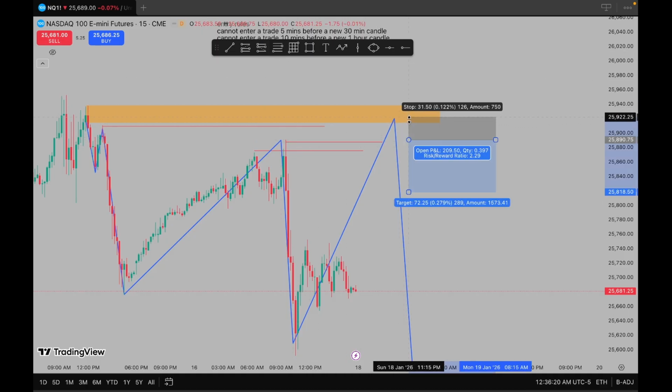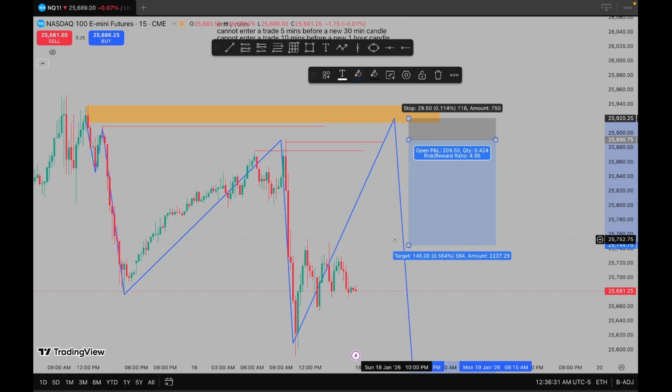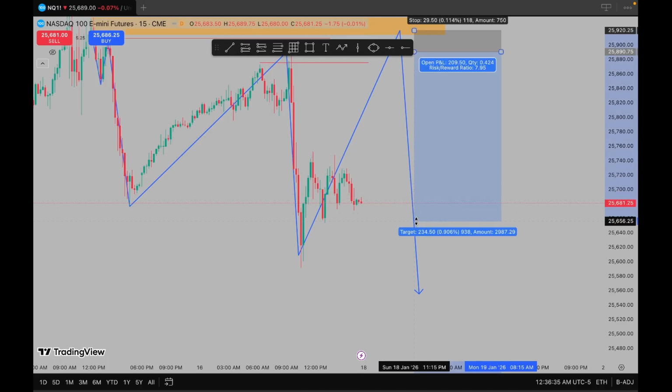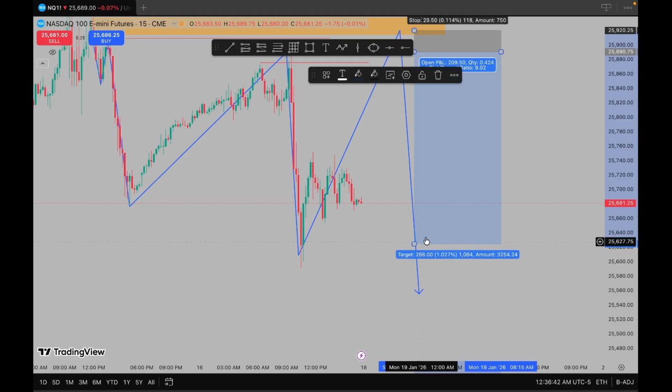Because this is a downtrend, you can double the TP. So let's say this was a 2.5, you would do a 1 to 4.5. And then since it's in a downtrend, you can do a 1 to 9. So you can technically do a 1 to 9 here.